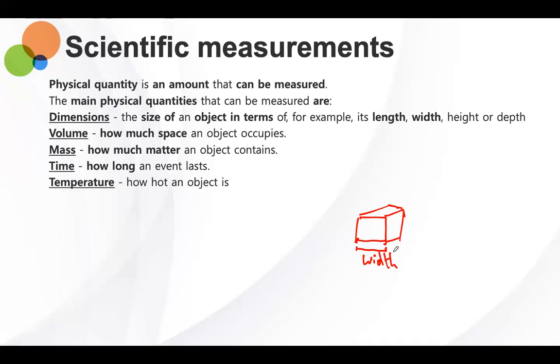Okay. Now, let's say the distance from here to here is our length, right? That could be our length, and then the distance from here to here is the width, and this is our height.